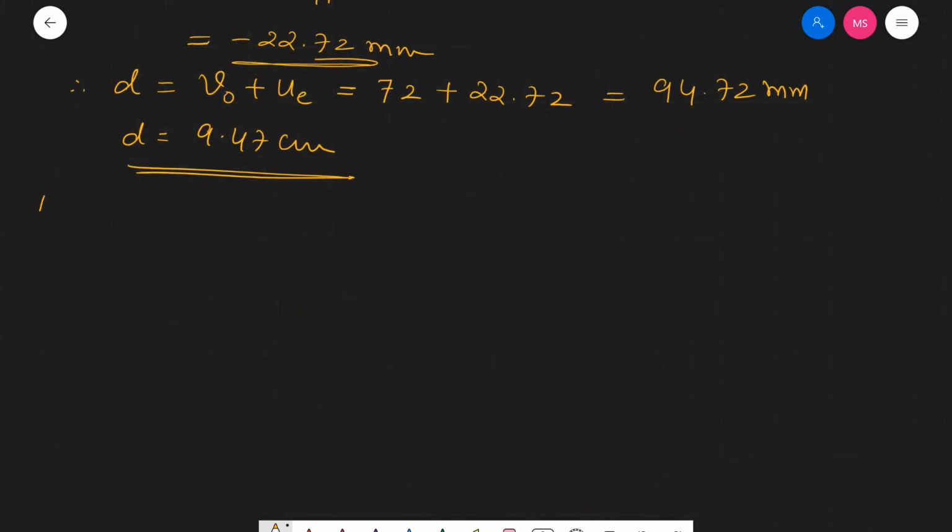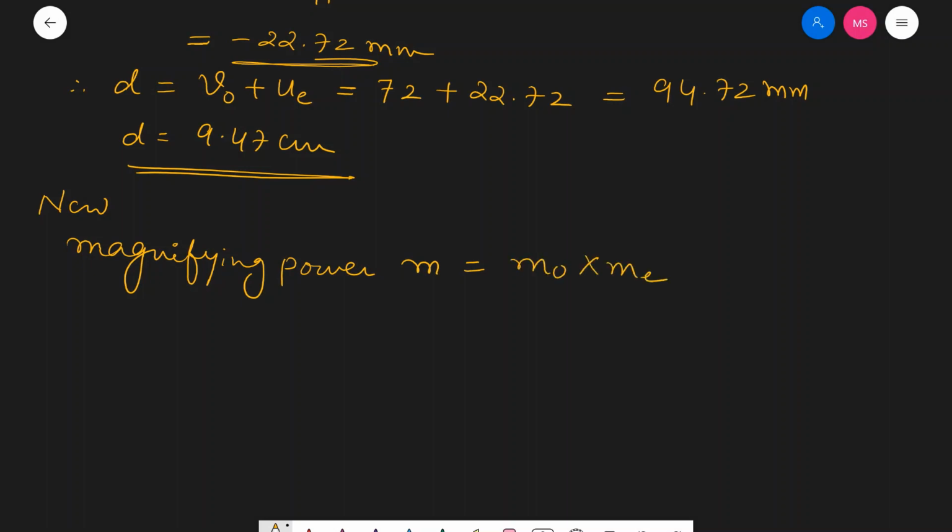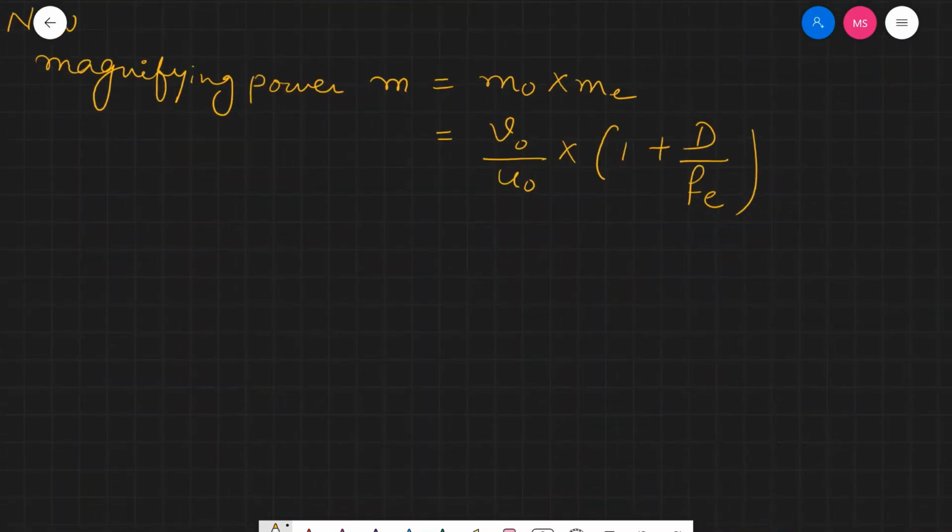Now magnifying power M is equal to MO into ME, and that will be equal to VO by UO into 1 plus D by FE. Again the image is obtained at near point, so 1 plus D by FE.